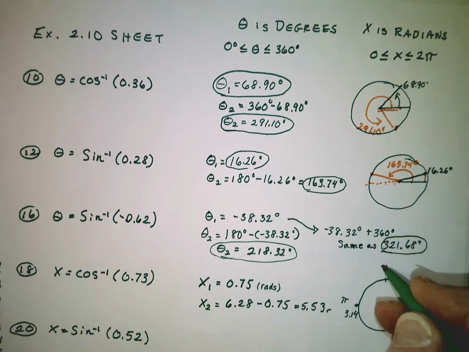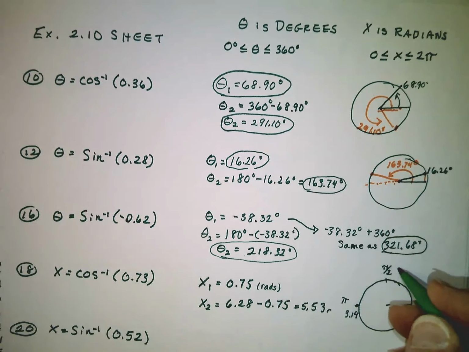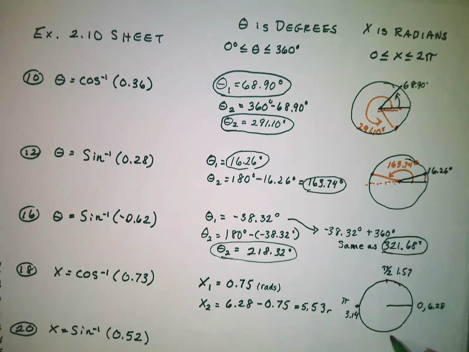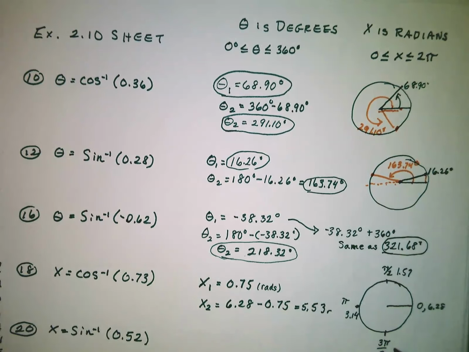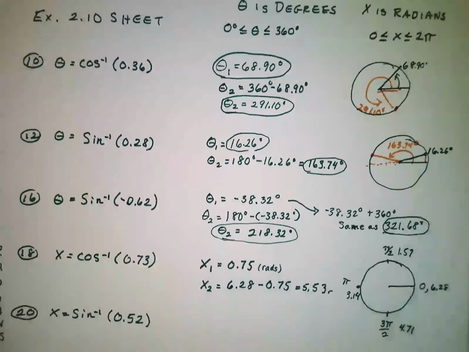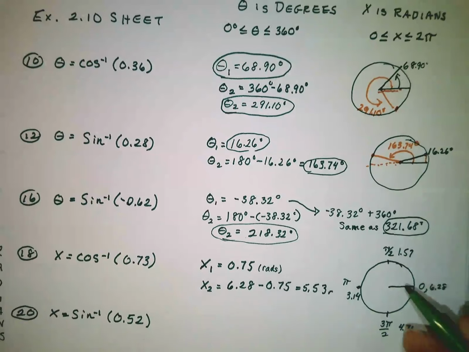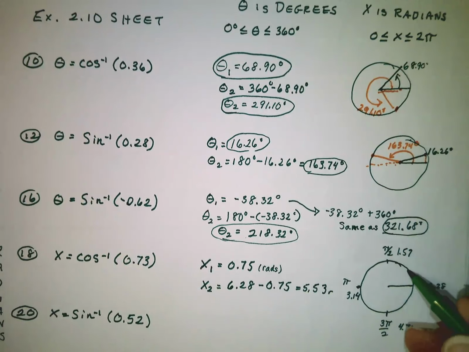At the top, half a pi is about 1.57 radians. And down at the bottom, 1.5 pi's, that's about 4.71 radians. So the first one was 0.75, which would put us close to the middle here.